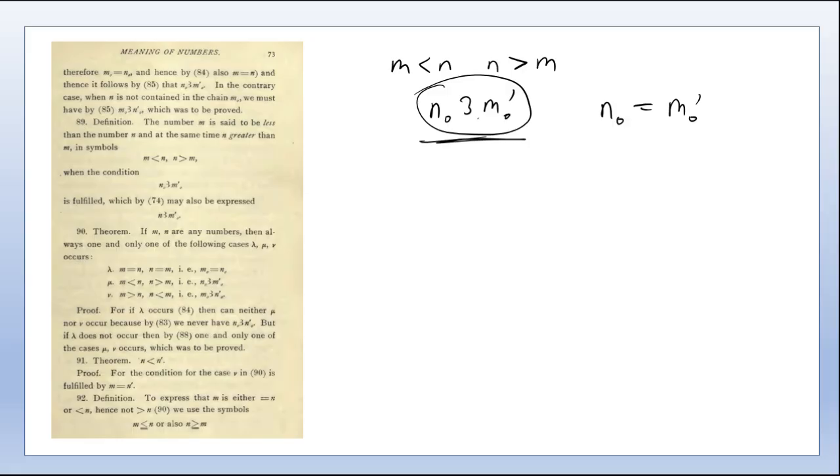In fact, we don't require n0 to be a proper part of m0 primed. But we do need to ensure that n0 is a proper part of m0. Now, bearing in mind that m0 primed is a proper part of m0.